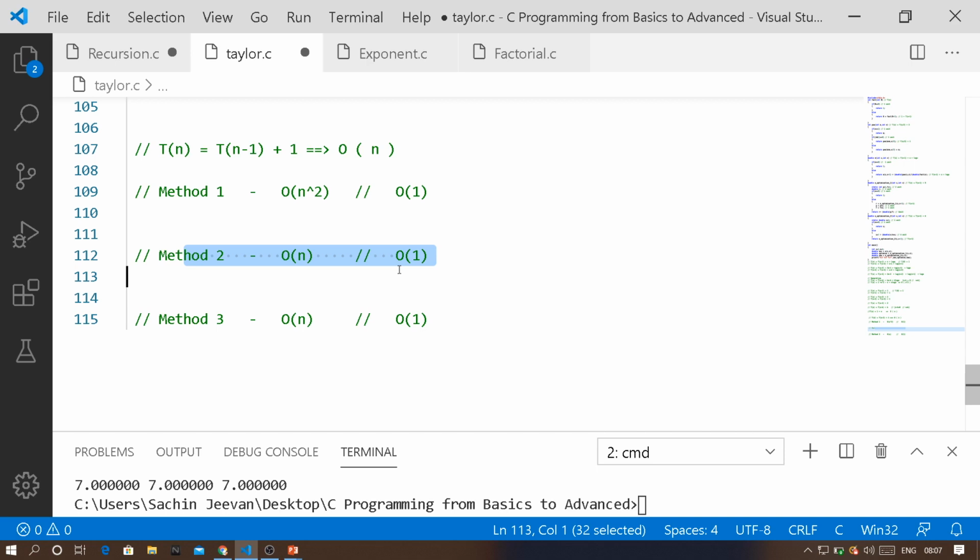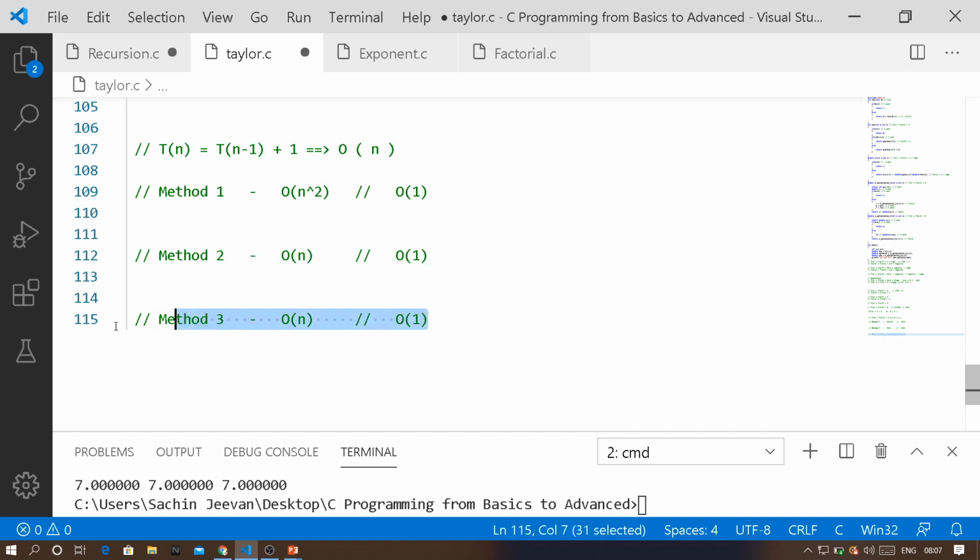But coming to method 3, if n value equals 4, totally 4 multiplications took place. If n value is 20, 20 multiplications. If n is 100, 100 multiplications. So if the input is n, then totally n multiplications will be taking place. So clearly because of that reason, we are going with method 3 as the efficient one.